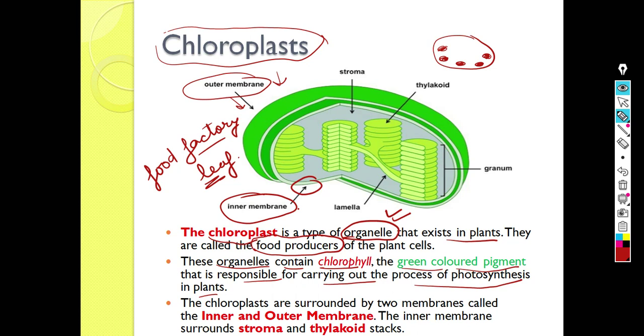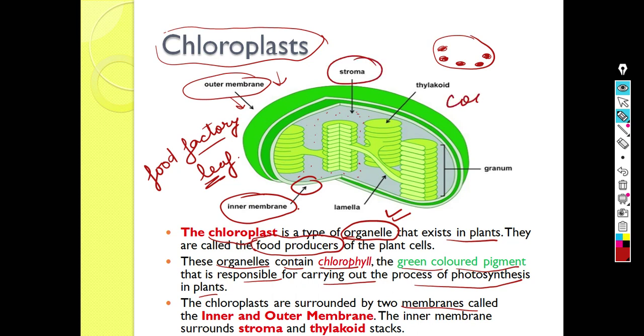Now, you know that chloroplasts are surrounded by two membranes called inner and outer membrane. And then the inner membrane, what is it surrounding? It is surrounding stroma and thylakoid. Stroma is basically this space, you can say this gel-like, fluid-like structure which is inside this. Okay, we call it stroma. And what are thylakoids?